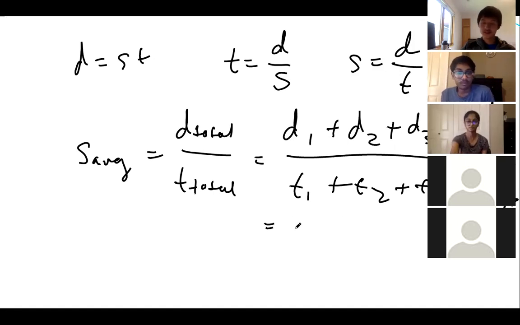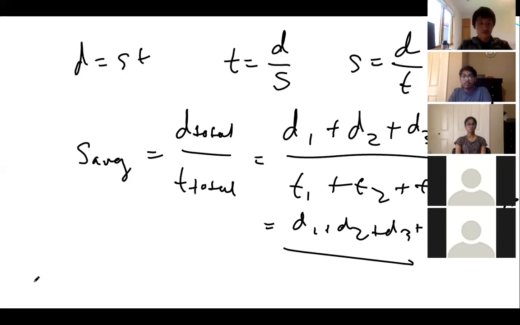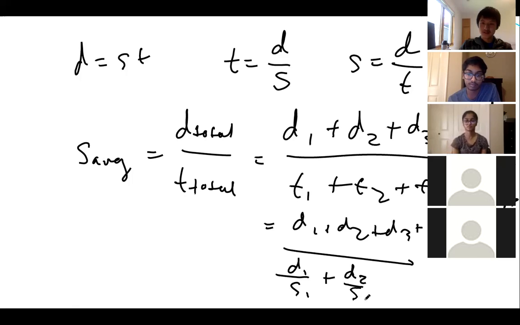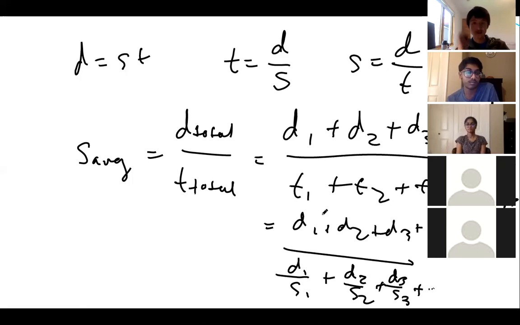And since t is equal to distance over s, we can also write this just in terms of d and s: d1 over s1 plus d2 over s2 plus d3 over s3. And this is useful in problems where they only give you the distance and the speed.